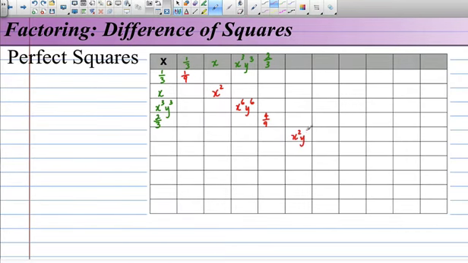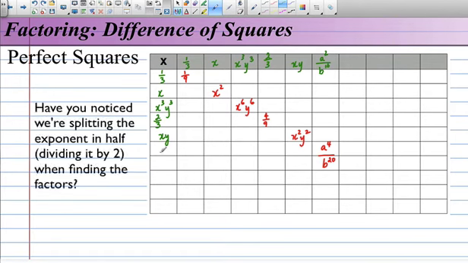X squared, y squared. A to the 4, b to the 20 would be a squared over b to the 10. And we could continue making up examples.